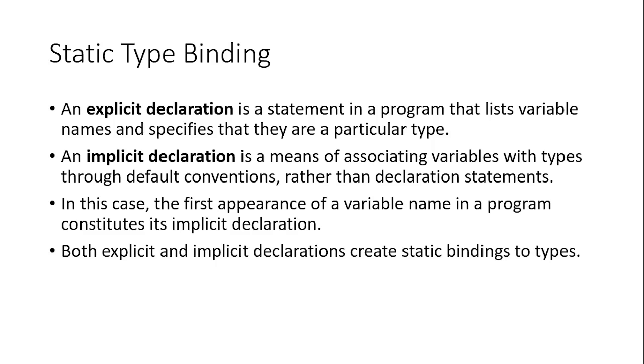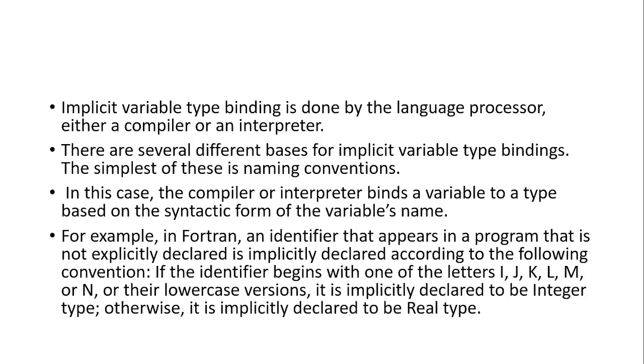For example, if it appears with an integer value, it means that it is of type int. So both explicit and implicit declarations create static bindings to names.